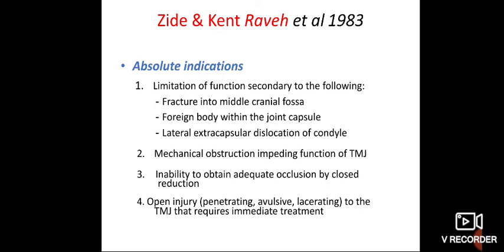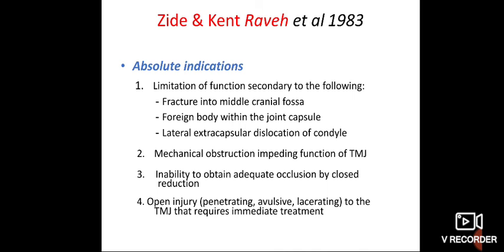A lateral extracapsular dislocation of the condyle, because once it is laterally dislocated, that stump is going to stand there, it is going to cause disfigurement, and it is highly impossible by closed reduction to manipulate it. So a very badly laterally displaced condyle, a foreign body within the joint capsule, and a condyle which has gone into the middle cranial fossa: these are all absolute indications.